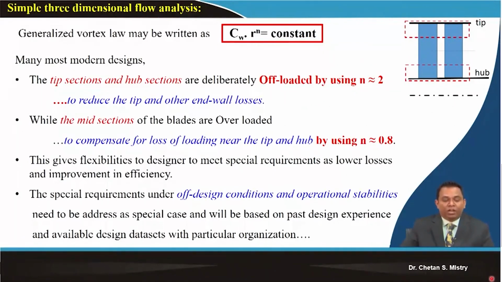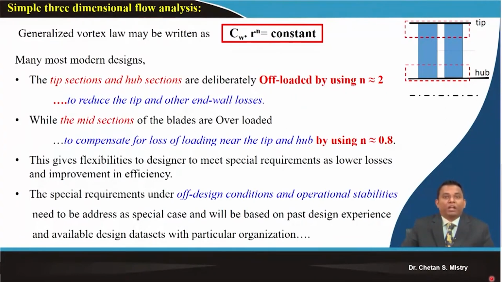Near tip and hub, the design is offloaded, where the exponent is taken as n equal to 2. This helps reduce the end wall losses, mainly near the tip region, reducing tip clearance losses. At the same time near the hub, it reduces hub corner losses.